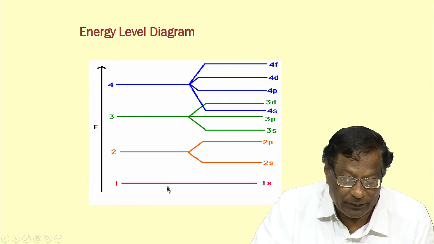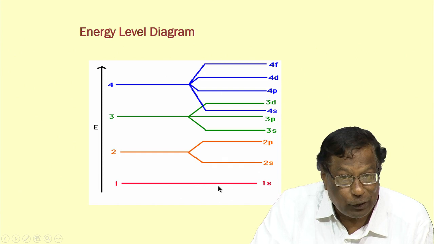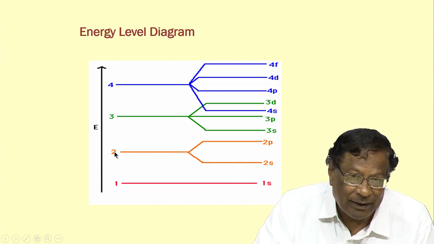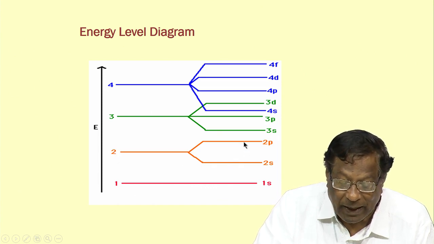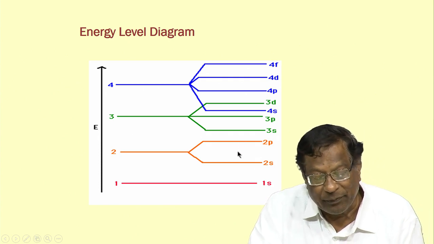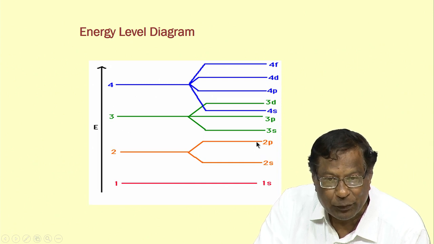Okay. So, the 1s would have the lowest energy, and the next shell, n equal to 2, that is the principal quantum number, will have 2 subshells, 2s and 2p.